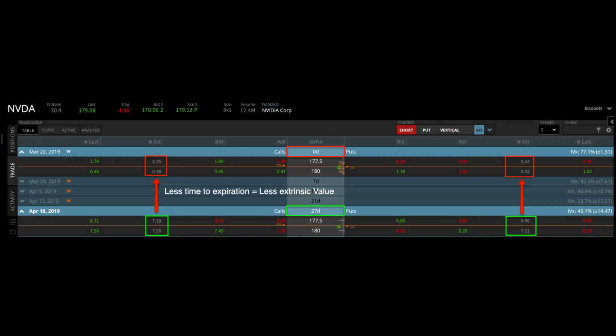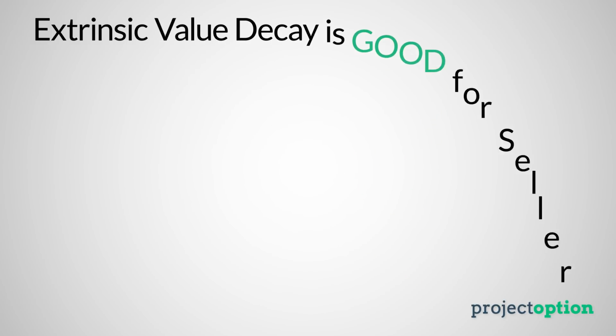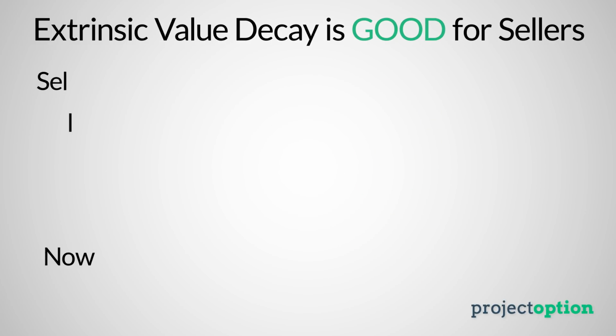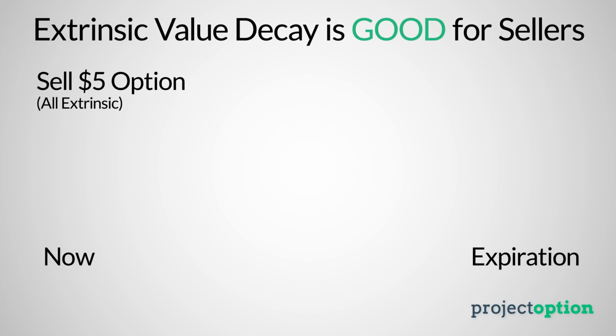Now, in the context of actually trading options, extrinsic value is great for those who sell options, because traders who primarily sell options as a strategy want their option prices to decrease. Since extrinsic value comes out of option prices as time passes, extrinsic value decay or time decay works in the favor of traders who sell options.